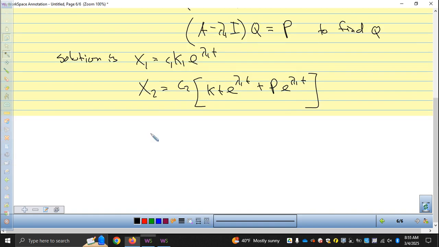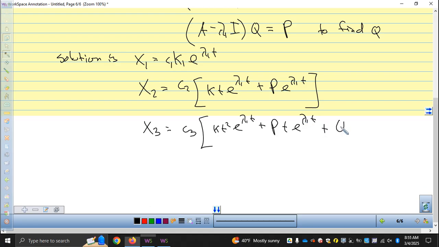And then x sub 3 is c3 times k t squared e to the lambda 1 t plus p t e to the lambda 1 t plus q e to the lambda 1 t. And our general solution would be the sum of those three. And that would just keep going.